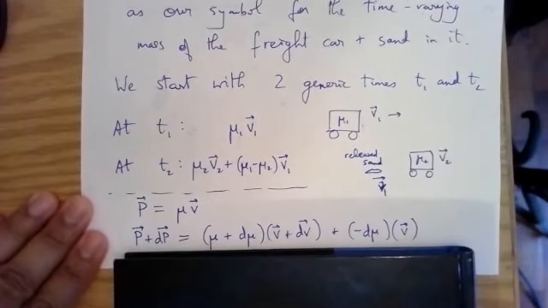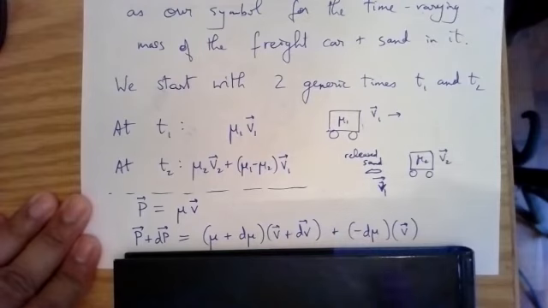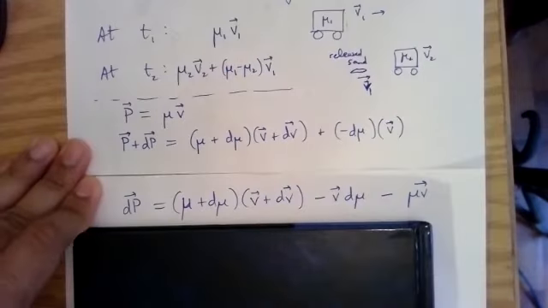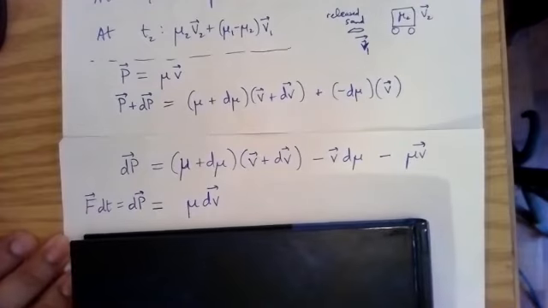Now, changing to our notation of t and t plus dt and so on, we have the initial momentum is mu v, and this is our final momentum. Looking at the change in momentum, we get the following expression for dp, and we simplify it while keeping in mind that doubly infinitesimal terms can be ignored.